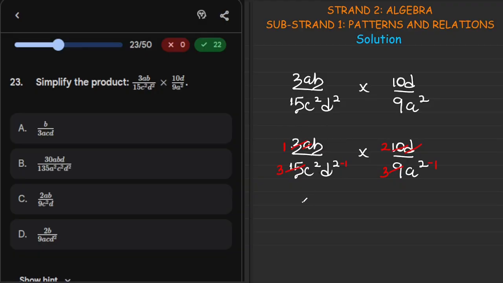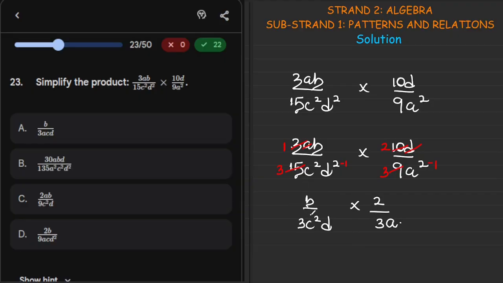For this particular fraction, we are left with our b over 3c squared and then d to the power 1 because it has been reduced by 1. For the numerator here we have a 2, over the numerator here which gives us just a 3 and then an a. So now that there is nothing else to simplify, what do we do? We multiply.